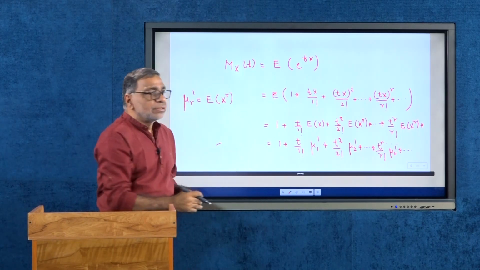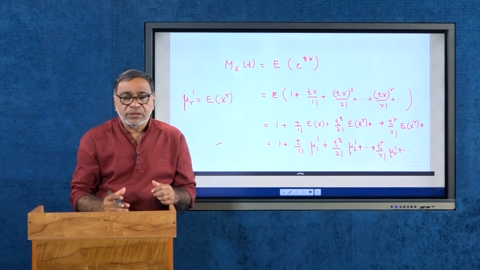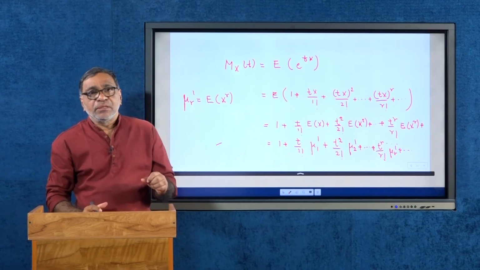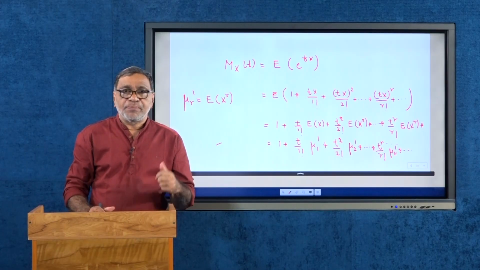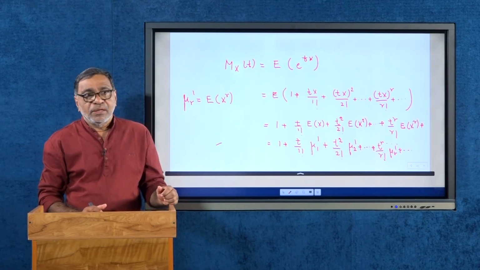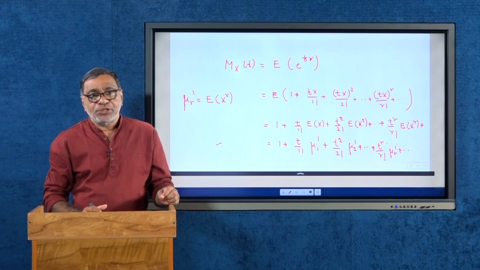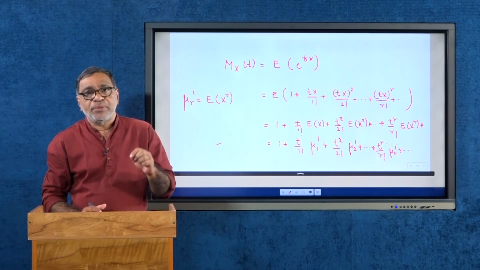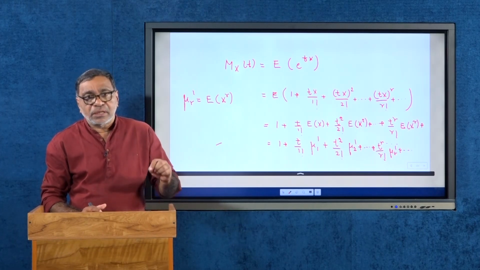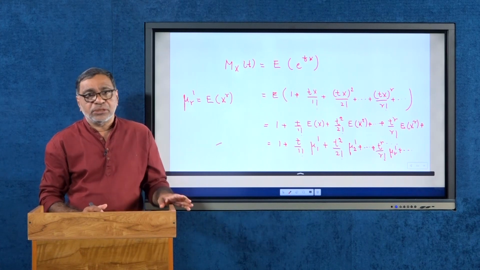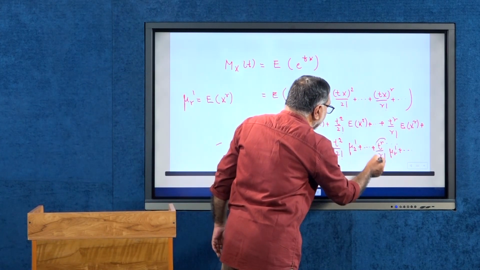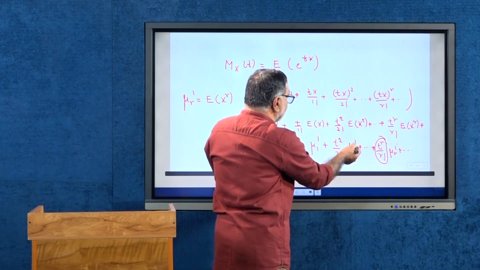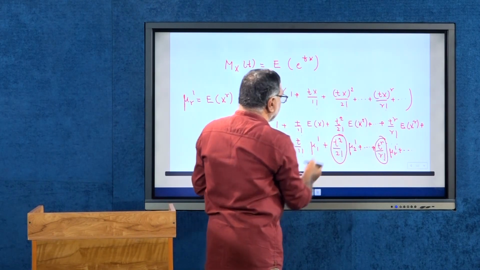From this, what result are we getting? If you are expanding the moment generating function as a power series of t and identifying the coefficient of t power r divided by r factorial, that is nothing but our mu r dash. See, the coefficient of mu r dash is t power r divided by r factorial. Coefficient of mu 2 dash is t square divided by 2 factorial.